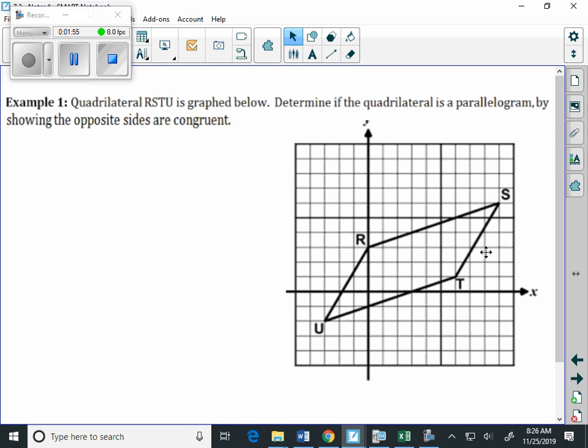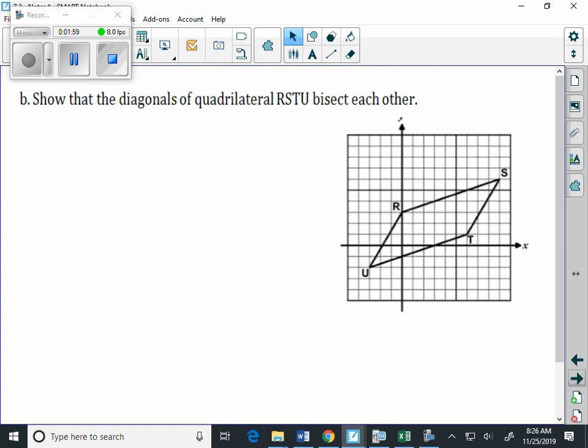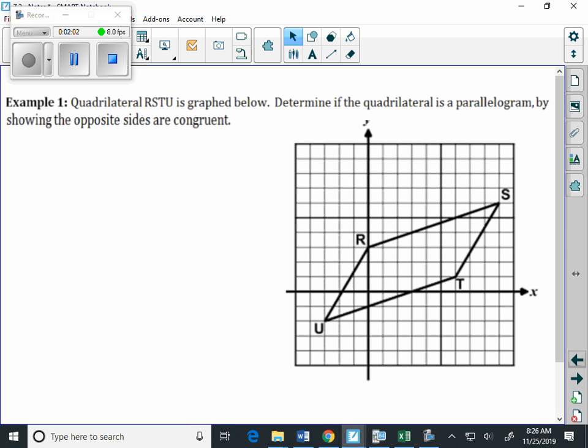For me, it's nice because I can have another page here with the same picture to get us going, so it won't get quite so jumbled up. But when we take a look at this, what we want to do is find the distance between RU and ST, and we can start by drawing our triangle here.